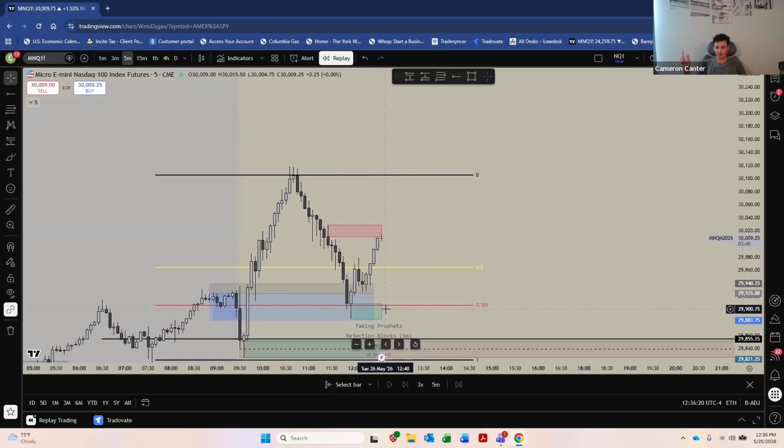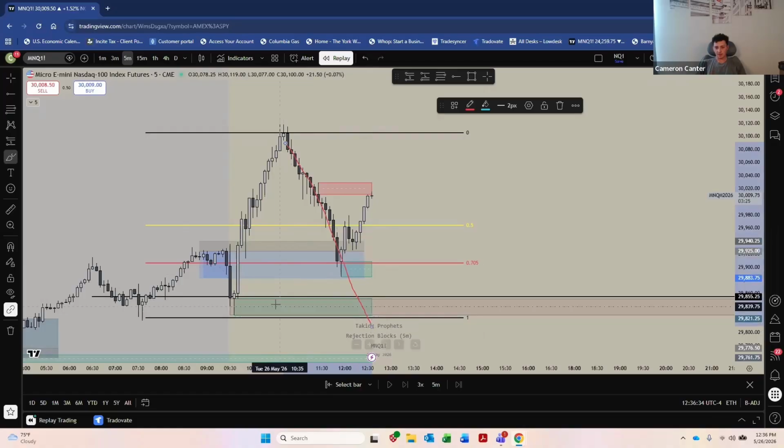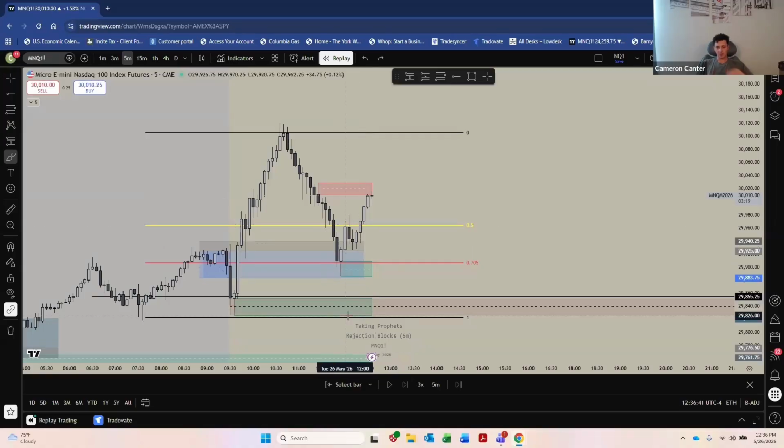And even if one of them works, every blind squirrel finds a nut. Stick to external rejection blocks. And again, that means on a bearish move, like on this move, for this to be valid, price would have had to come down here and break this, or at least retest this rejection block, right? This rejection block got left untouched, which almost leaves it as a draw on liquidity.